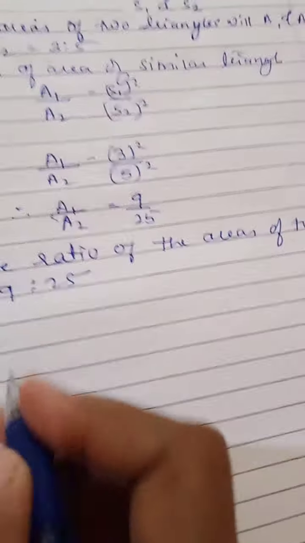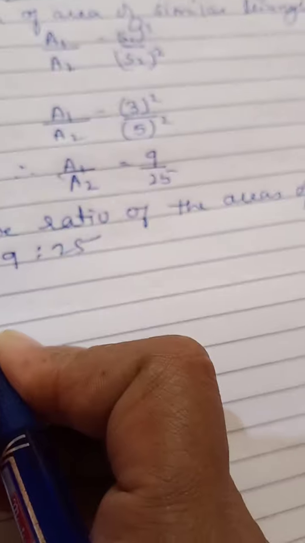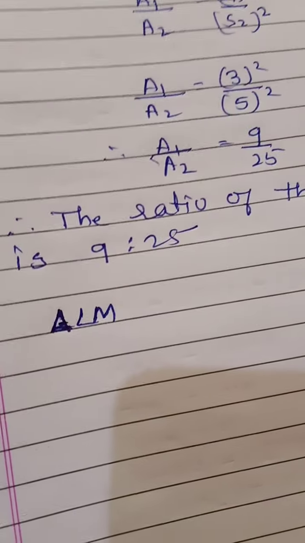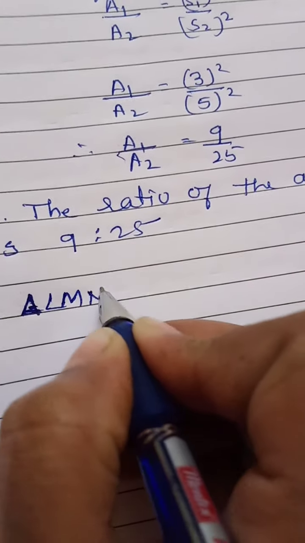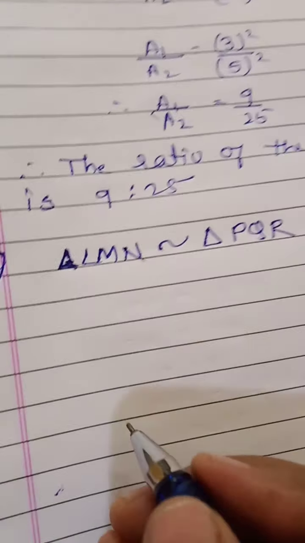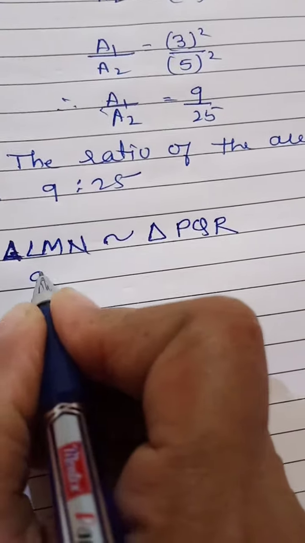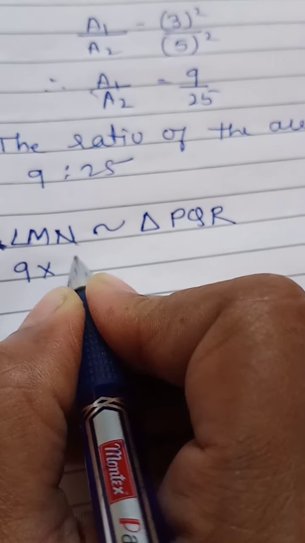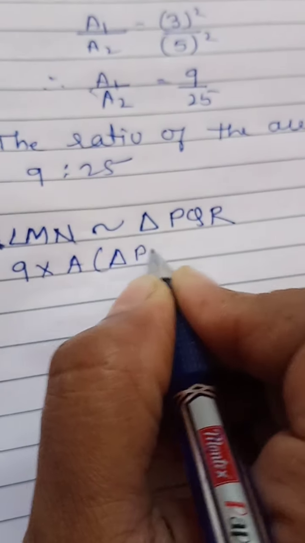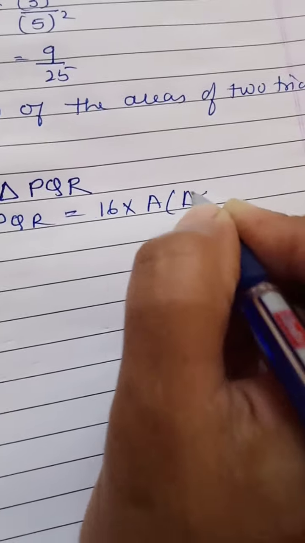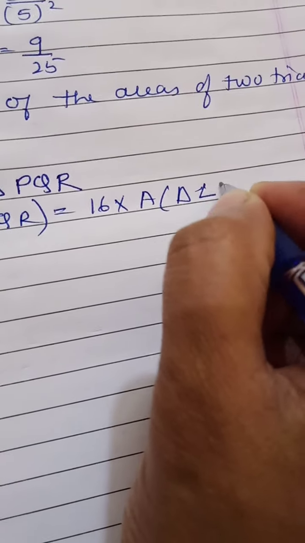Now what is given here? Triangle LMN is similar to triangle PQR, and 9 into area of triangle PQR is equal to 16 into area of triangle LMN.